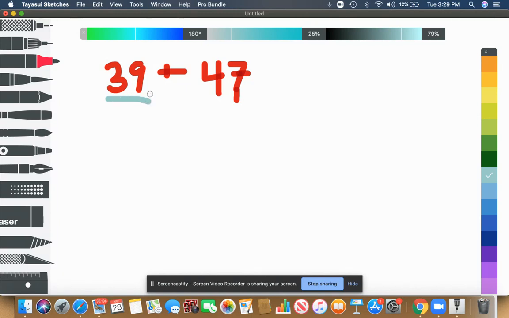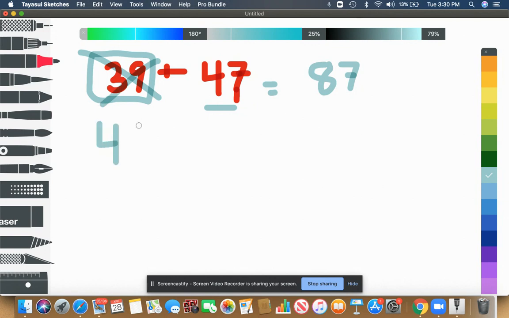It'd be a lot easier to just round this up to 40, and then I could just add 40 and 47 and get 87. If I changed this to a 40, that way I can estimate the sum of this question in my head. So compatible numbers is kind of like rounding, or using numbers that add up to tens or fives, stuff like that. Hopefully that makes sense.